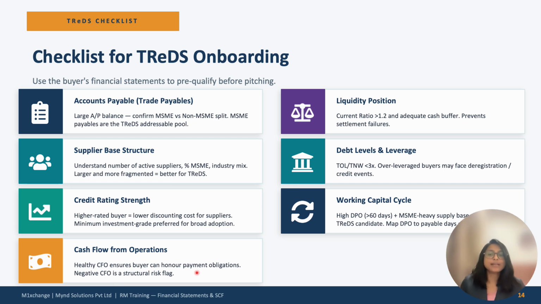Next is your cash flow from operations. Of course, we need to check whether cash flow from operations is positive or negative, because if it is negative, we know that the company doesn't have cash to repay its payments.